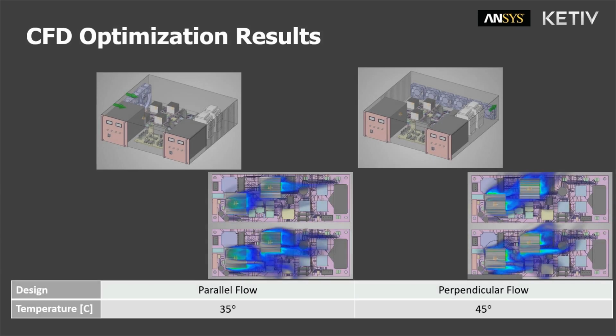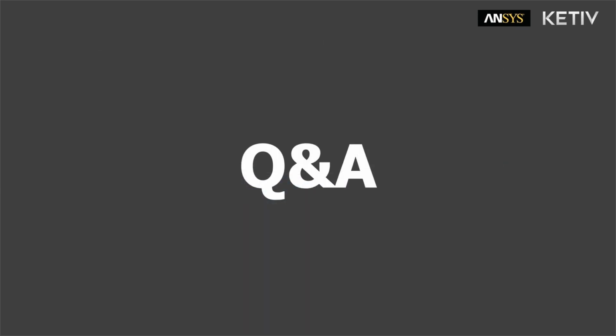So first question. One of our panelists is asking about the accuracy and fidelity of Discovery Live compared to other ANSYS tools. Do you think you can take that one? Yeah, sure. One of the advantages of Discovery Live is it's meant as a quick design tool.